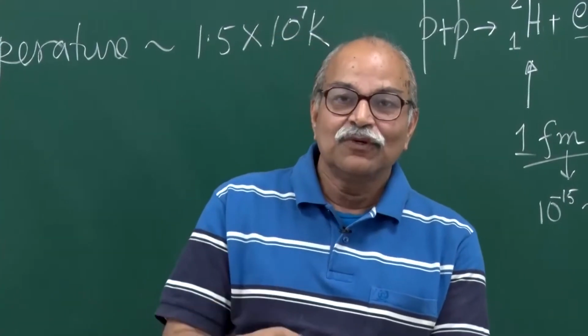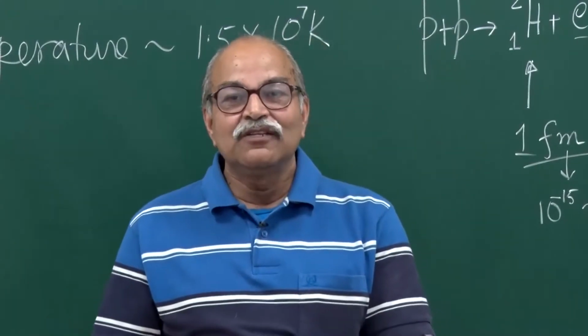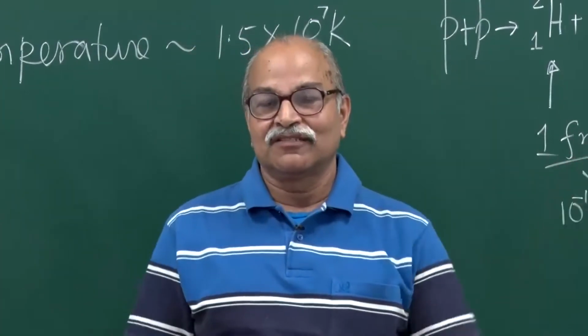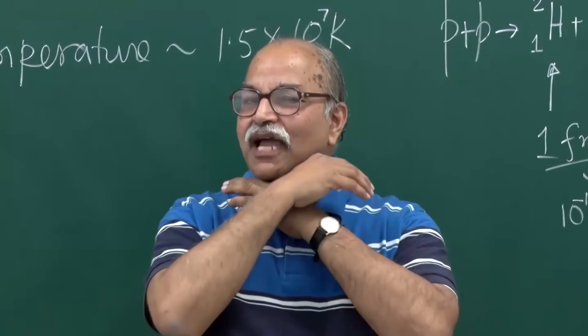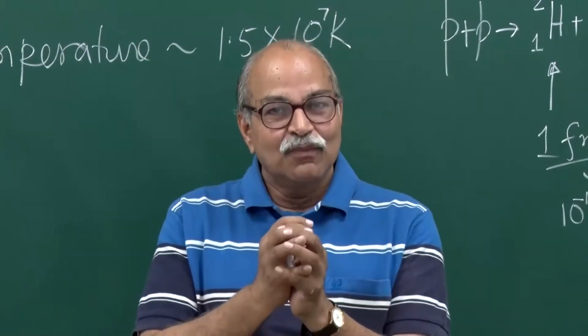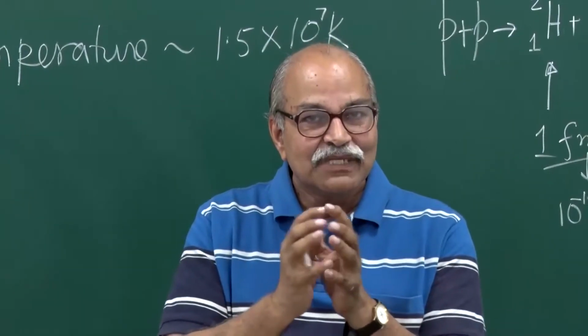Okay, so proton or neutron, the common name is nucleon. So when two nucleons are at a separation more than 10 femtometers, the nuclear force is absolutely negligible, and therefore the nucleus is formed only in that range where the separations are of femtometers type.